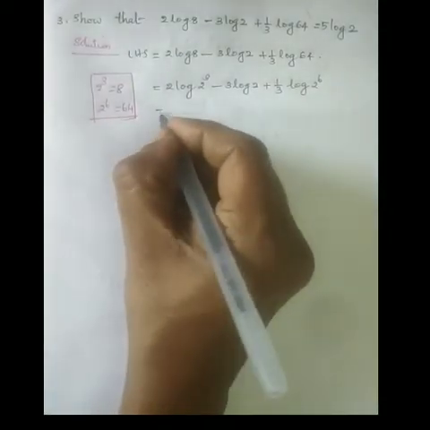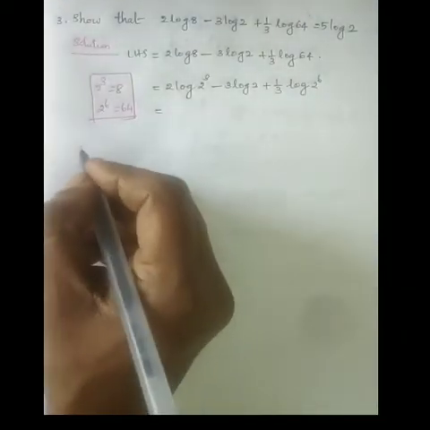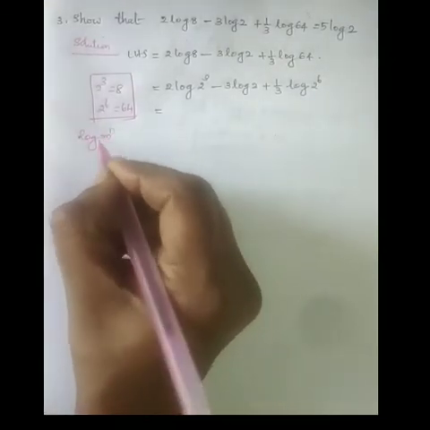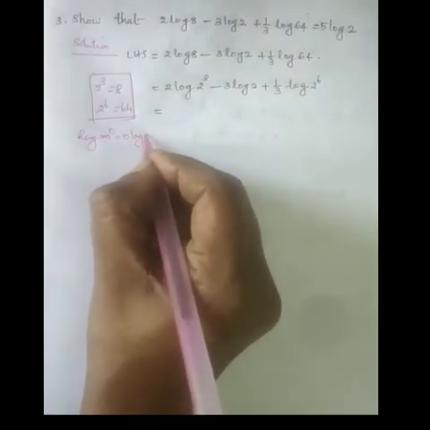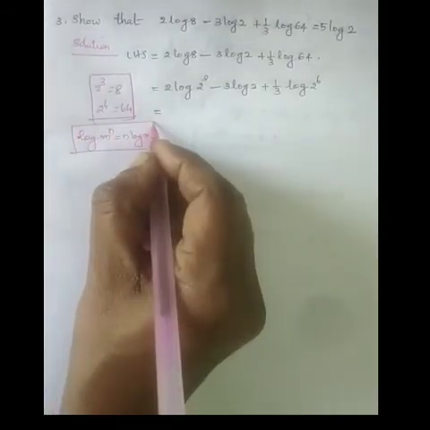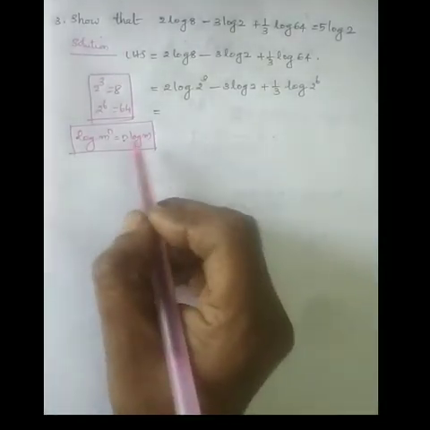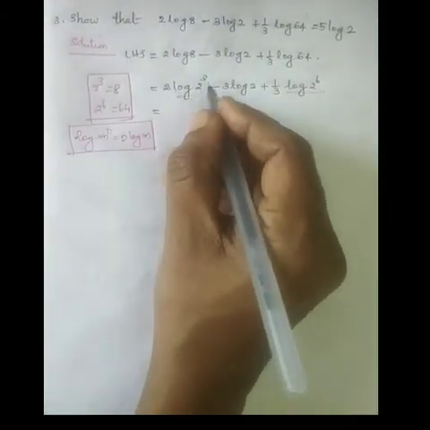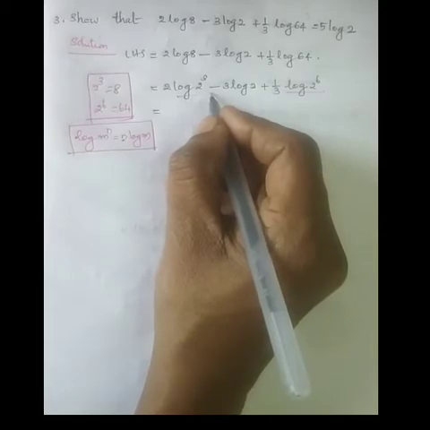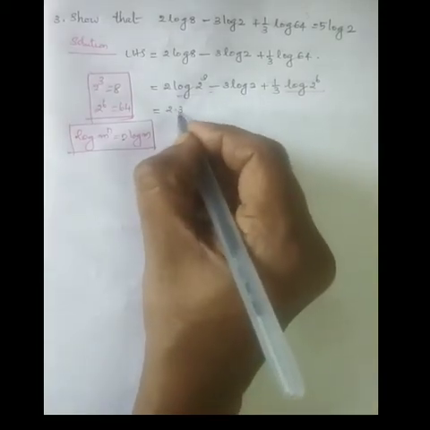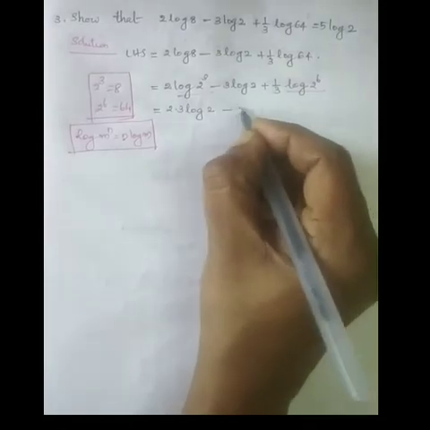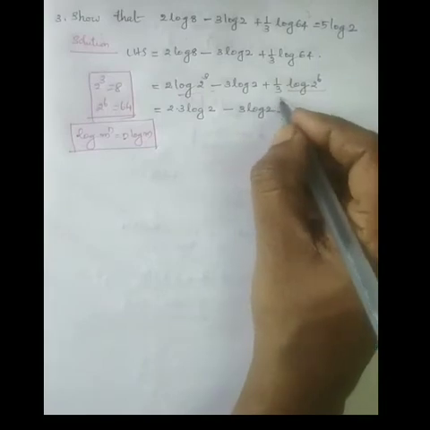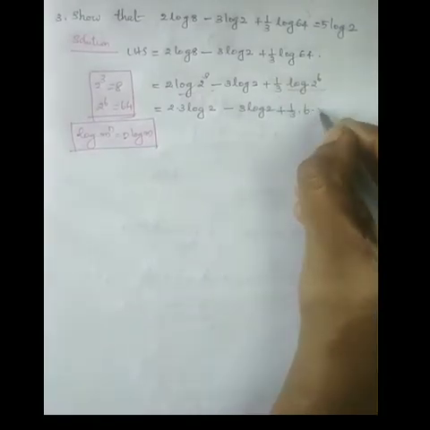We know the identity, log m raised to n equal to n log m. By using this identity, these terms can be written as 2 into 3 log 2 minus 3 log 2 plus 1 by 3 into 6 into log 2.